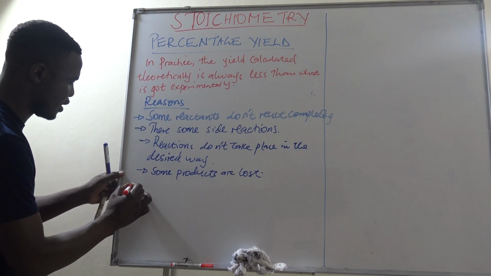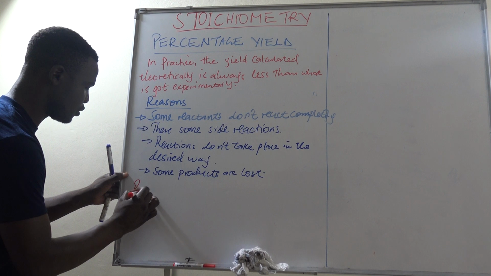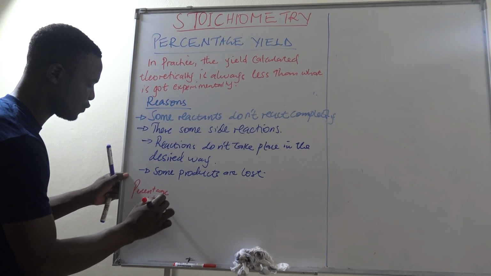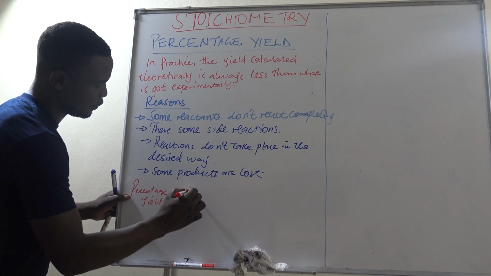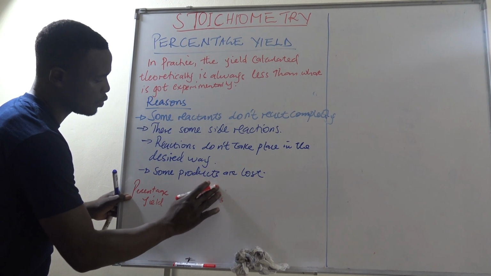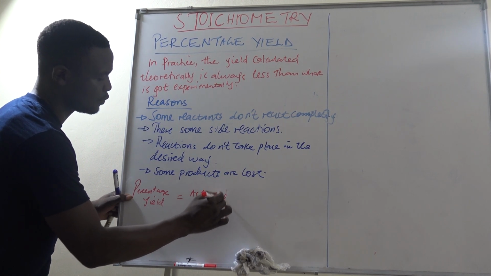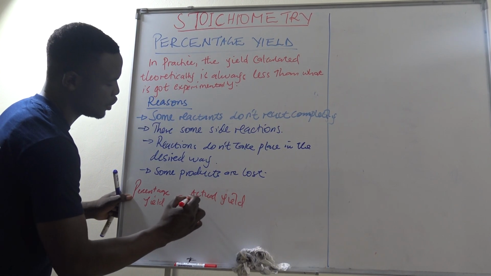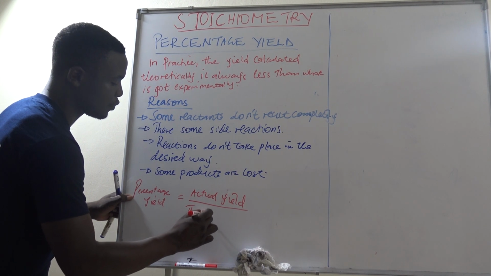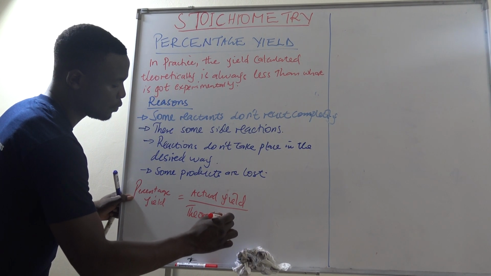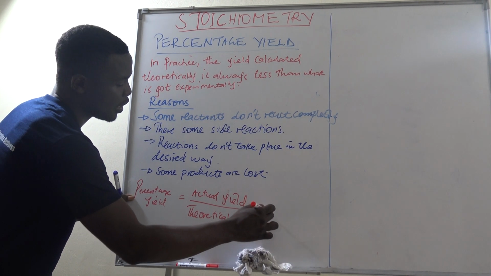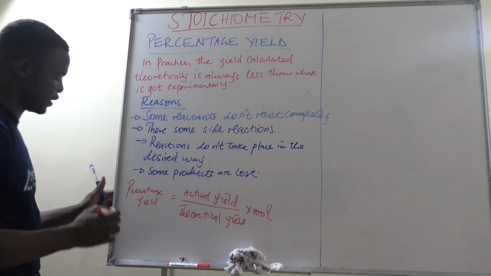Percentage yield is got from a formula: actual yield over theoretical yield, multiplied by 100%.